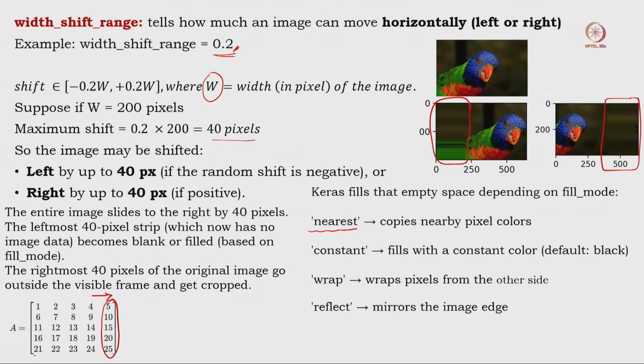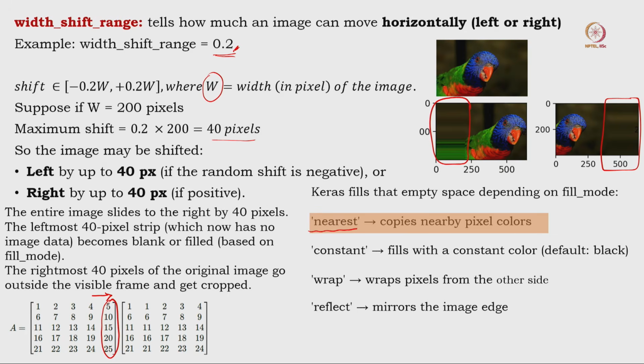How are you going to fill that? You will fill it using nearest. What do we mean by nearest? Whatever the nearest pixel values are, the same pixel values will be repeated in this empty space.